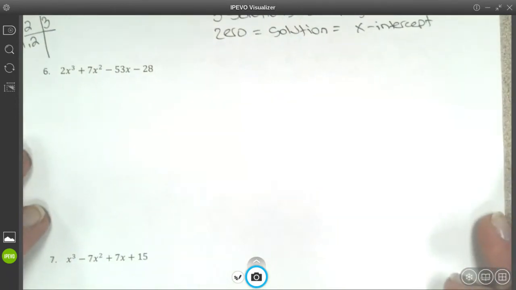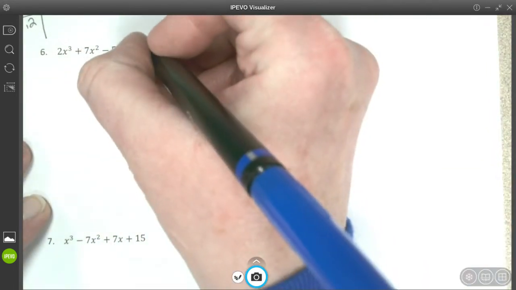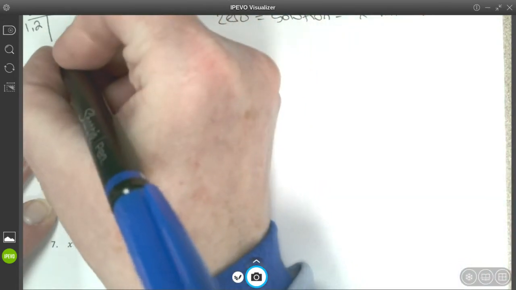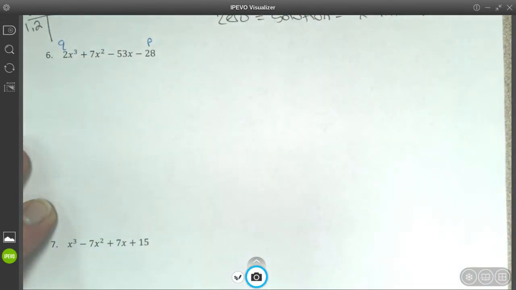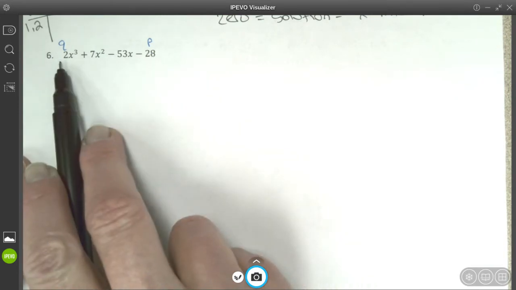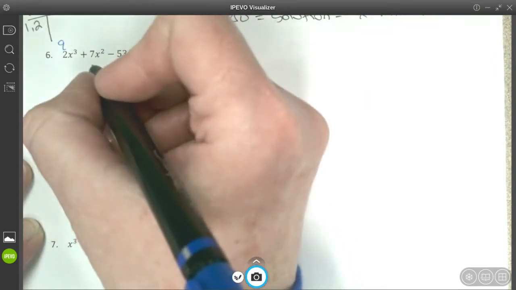Ooh, this one's going to be more challenging. All right. So let's list off my possible factors. So there's my p. P always goes over the constant, and then q is the leading coefficient.